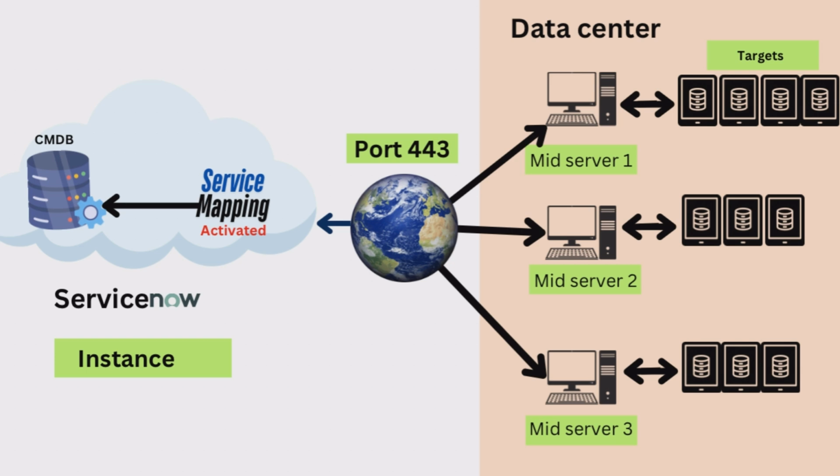And in this picture you can see we have tried to cover the complicated architecture where it is shown that multiple mid servers have been installed in multiple locations of the client data center. So there can be many mid servers for an instance as it is shown in this picture, but there is only one instance for a particular mid server.